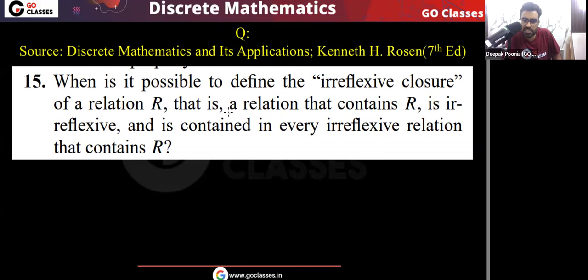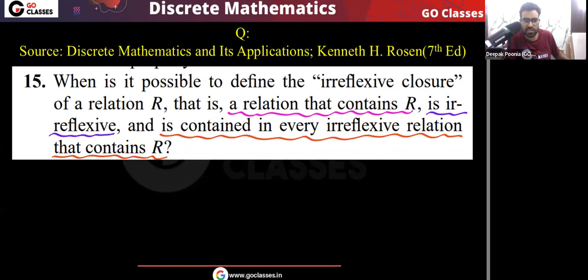Notice here, a relation that contains R. This was our one. A relation that contains R is irreflexive. This is our 2, and is contained in every irreflexive relation that contains R. This was our 3.